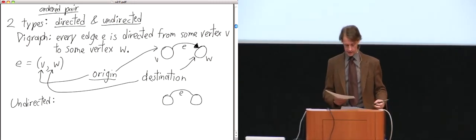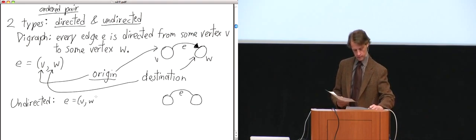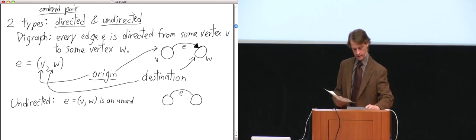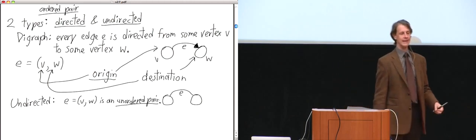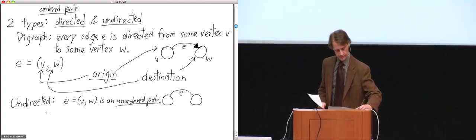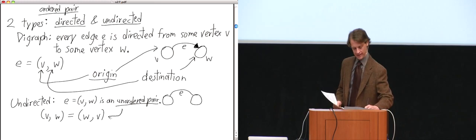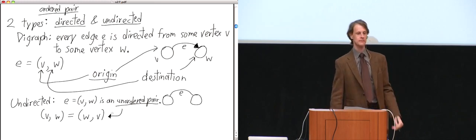And so we're still going to write E equals VW, but now it's an unordered pair instead of an ordered pair. What does that mean? Unordered pair is a mathematical way of saying that VW and WV are considered to be the same thing, the same mathematical object.